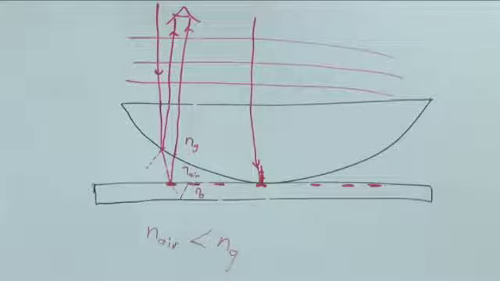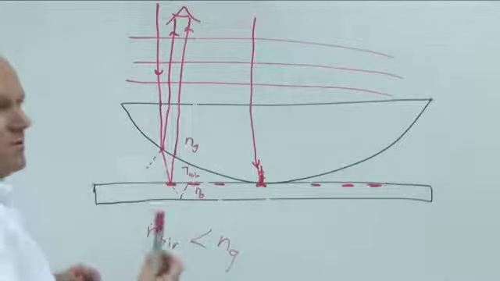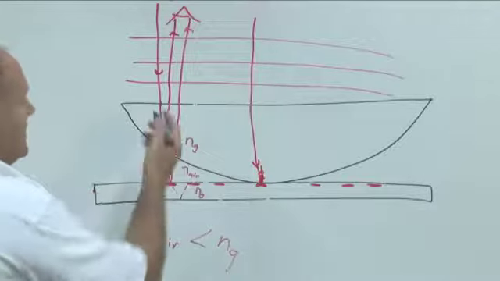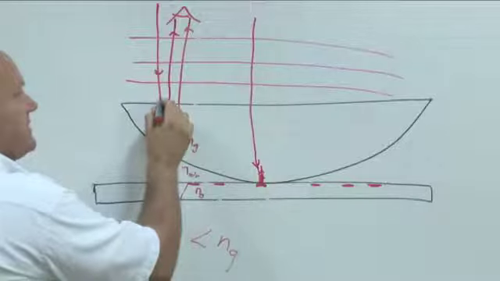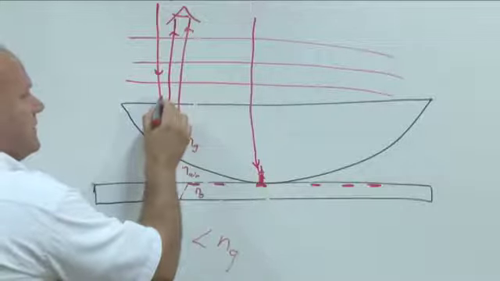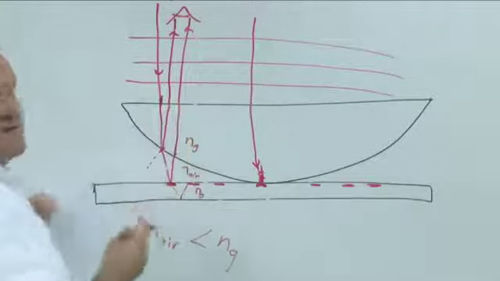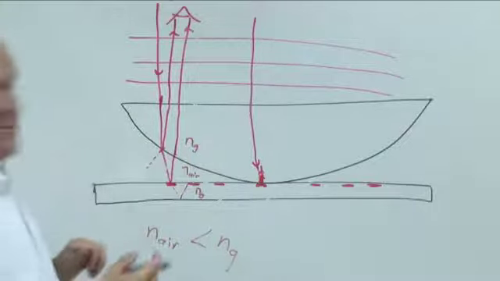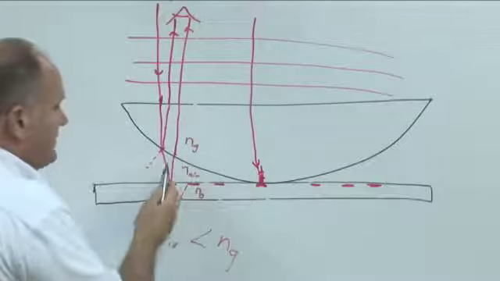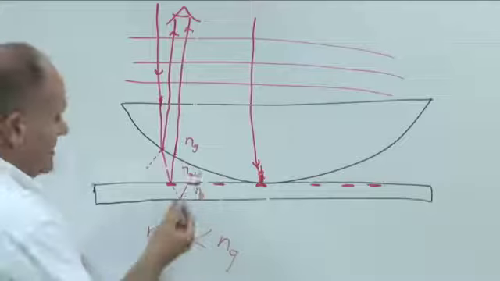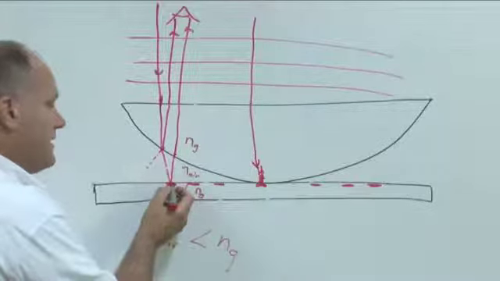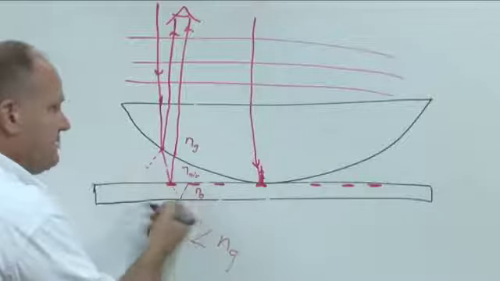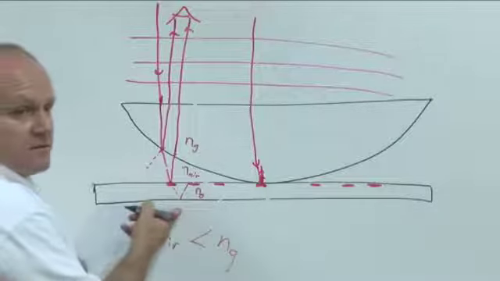So you might like to think about why we don't care about the reflection of this top surface here. You can ask your demonstrator, hassle your demonstrator about that. And you can also think about why we don't care about the light that is reflected off the bottom of the flat plate.